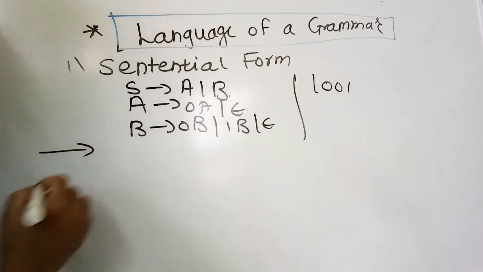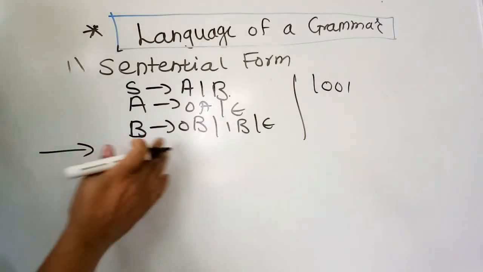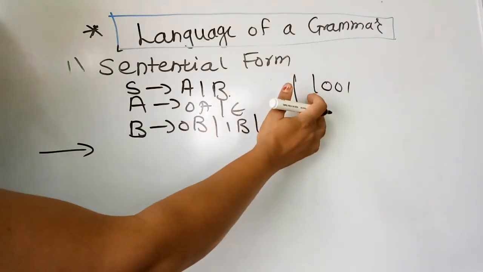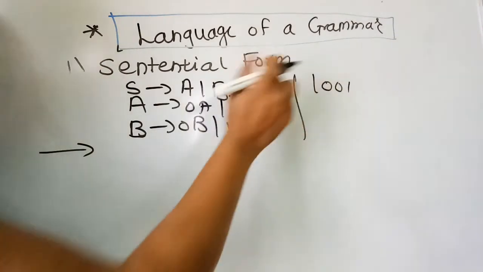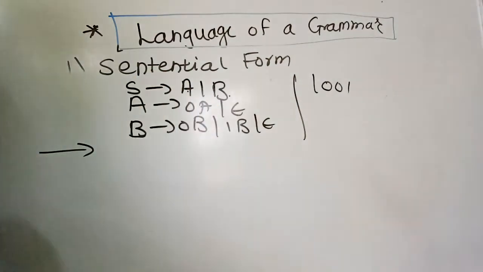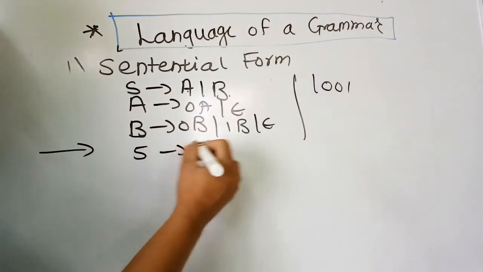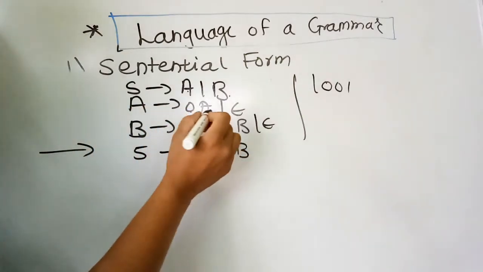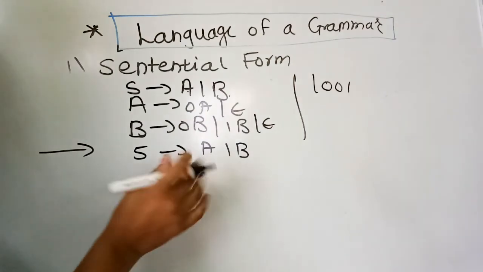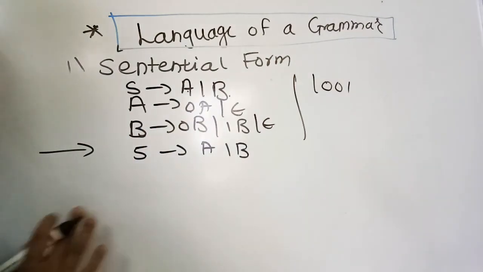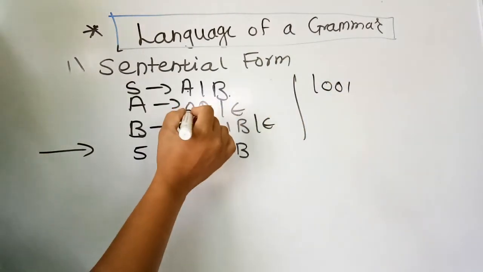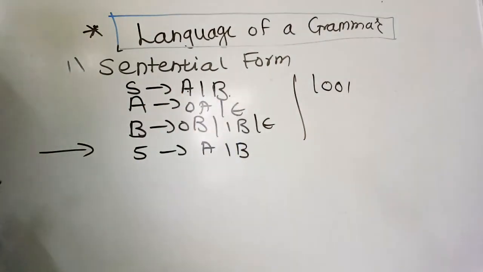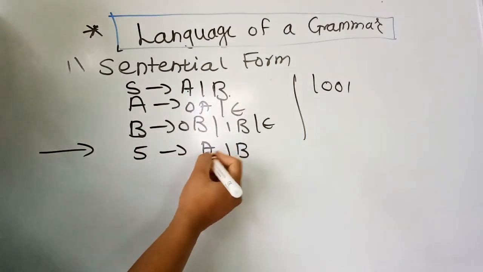Now how will I get this answer from this grammar? Carefully see here that 1 is there, then zeros are there, and then 1 is there. Suppose we start with A1B. Now if we replace A with 0A, then 0 will appear here, but it is not for our final answer. Means replacing A with 0A is not in use. If we replace A directly with epsilon, then we can avoid this part.